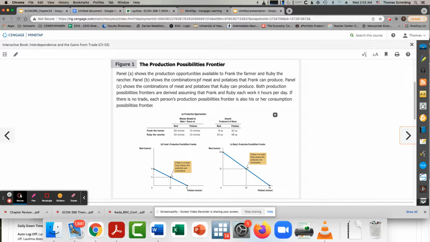It makes our job easier because now we can calculate a constant opportunity cost. So the steps to solve this: over here, the trade-off would be 8M for 32P. Over here, it would be 24M for 48P. Now I'm going to start to reduce this.